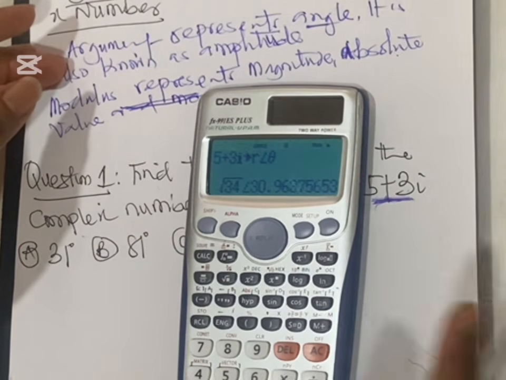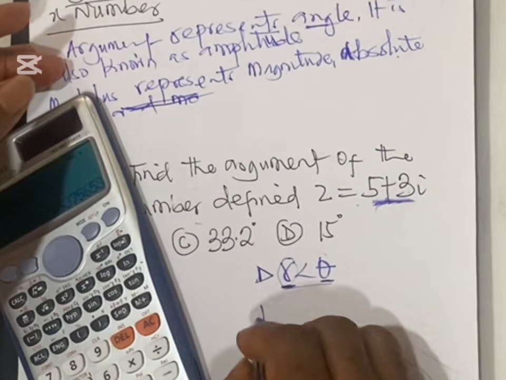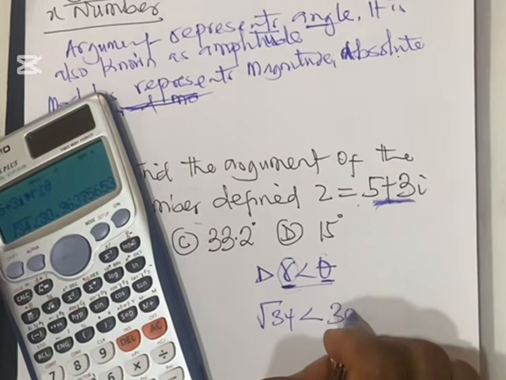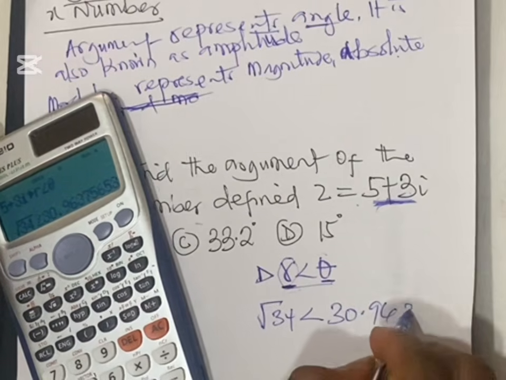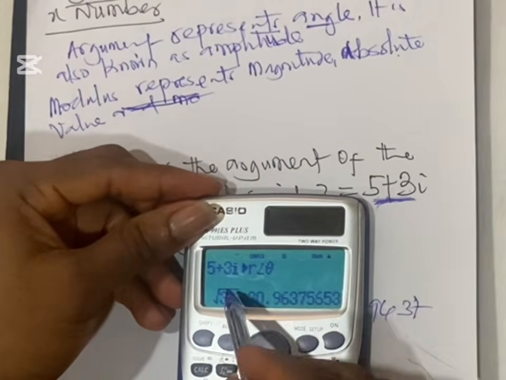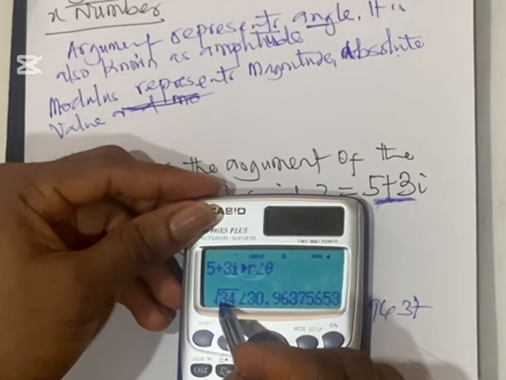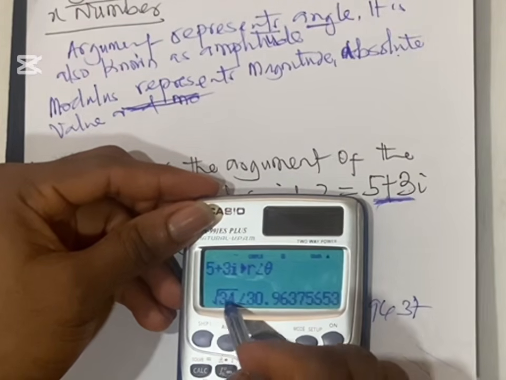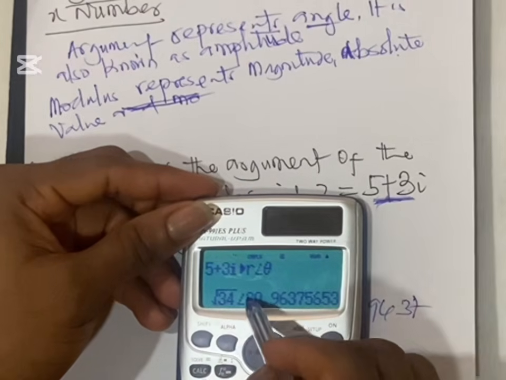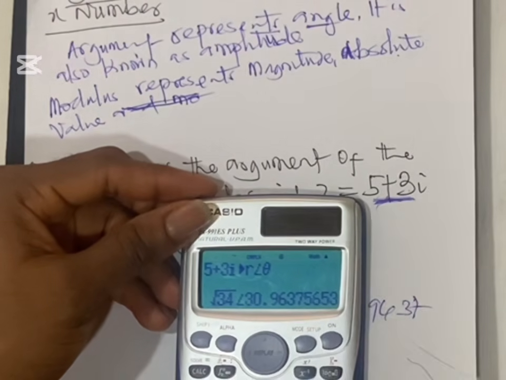Press equal to here. It gave us square root of 34 angle of 30.9637. So this part here is representing absolute value, that's modulus, while this part is representing angle.